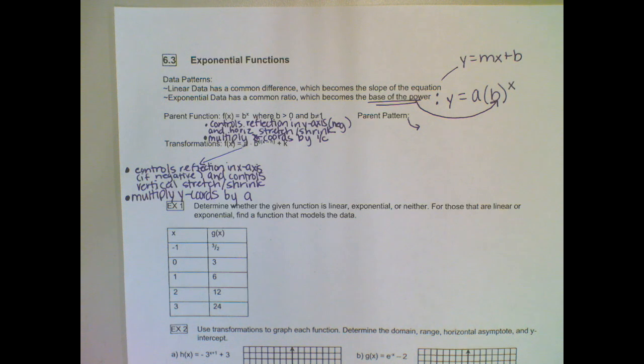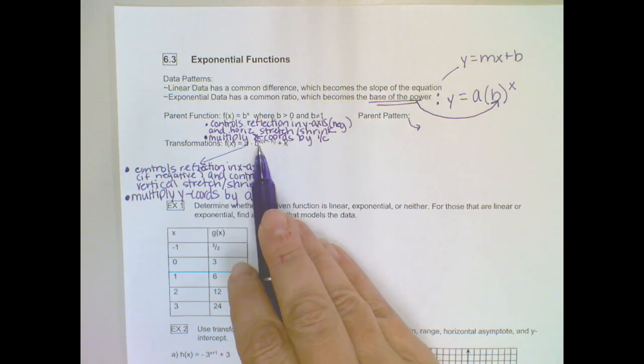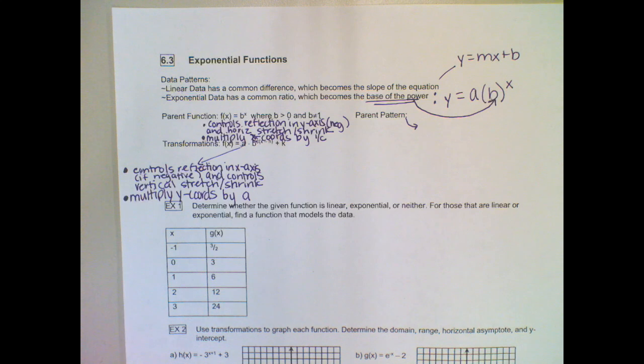But it has to be the reciprocal if there is a horizontal c value. Remember, c is multiplied. And notice also that this is in factored form. So if you have a multiplied and an added or subtracted value, if you want to see the transformations, you've got to put it in factored form.